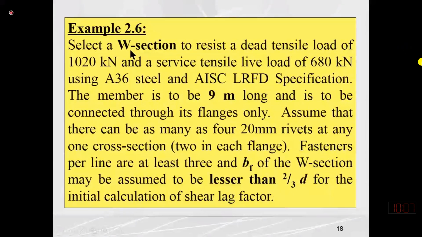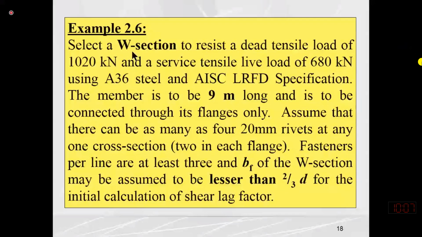If the statement said select an I section, it would mean we may select among W, S and M, all of which are symmetric I sections. But here we need to select from the W sections given in the LRFD design aid. I will explain in forthcoming slides.